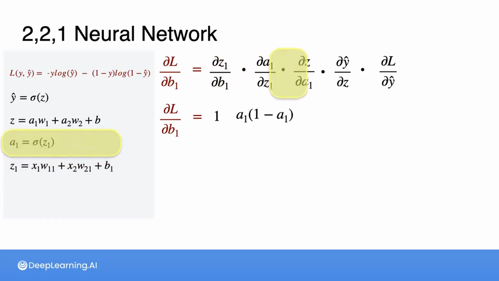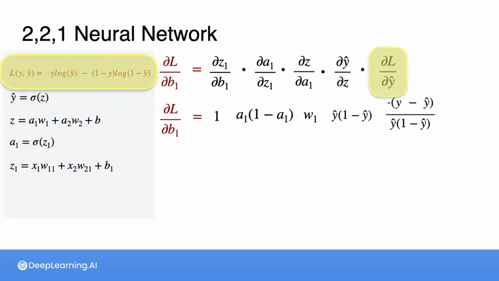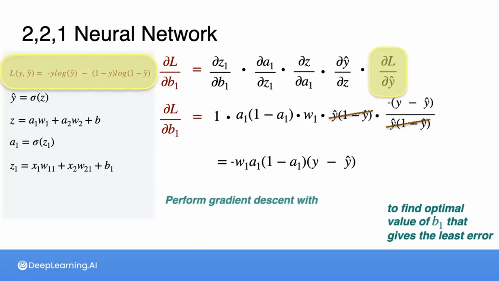This is the sigmoid function. This is a linear function. This is again the sigmoid function. And this one we've already calculated before. So things cancel out. And the way we update b is in order to find the optimal value of b1, we perform gradient descent with this. ∂L/∂b1 we've calculated already, and it's this.